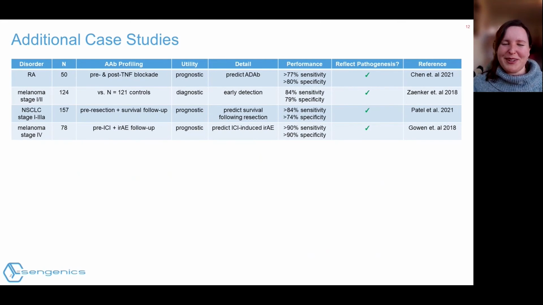So that was an autoimmune example, and I know we're interested in oncology here, so I'm just briefly going to give you some examples of oncology-based case studies, if you focus on the last 3 items in this table.